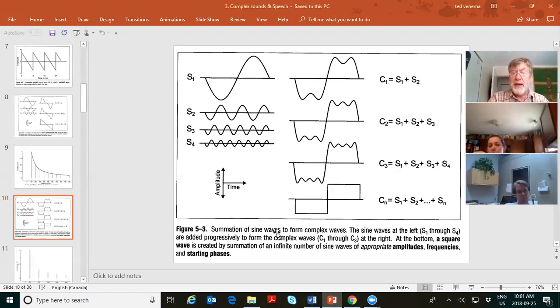Summation of sine waves to form complex waves. The sine waves at the left, S1 through S4, are added progressively to form the complex waves C1 through C3 at the right. At the bottom, a square wave is actually created by summation of an infinite number of these sine waves at appropriate amplitudes, frequencies, and starting phases.